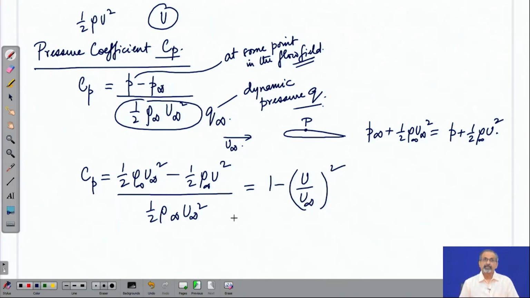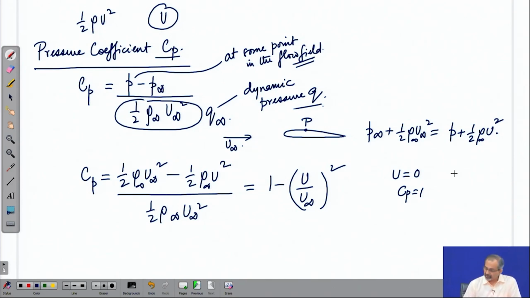So, this is an expression which is again valid only for incompressible flows, and remember that at the stagnation point, for example, u will be equal to 0, and therefore, Cp will be equal to 1. So, in incompressible flows, Cp equal to 1 is the maximum which occurs at the stagnation point.